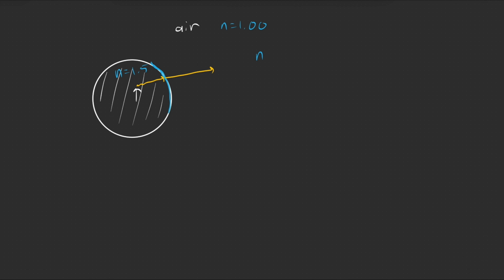We have n1 over dO plus n2 over di is equal to (n2 minus n1) over plus or minus r.